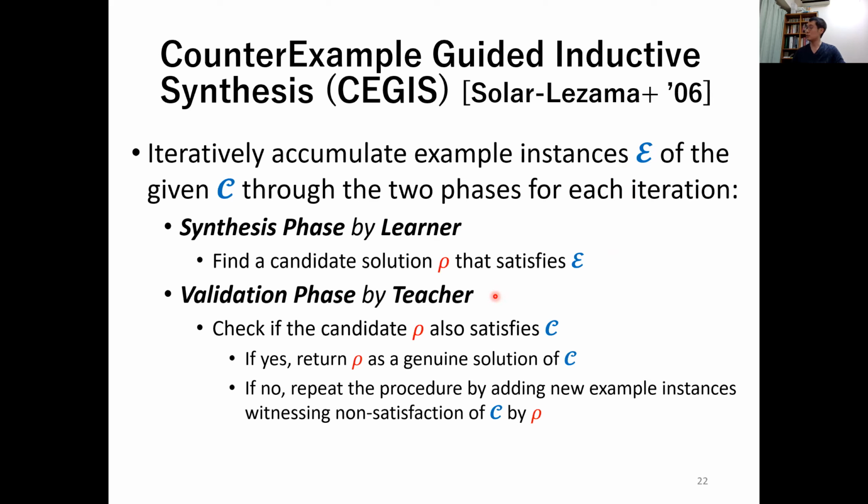In this phase, the teacher tries to check if the candidate solution proposed by the learner is a genuine solution. And if it's not, it infers new example instances that witness that the candidate is not an actual solution. And this iteration repeats. The validation phase proposes new examples, the synthesis phase proposes a new candidate, and this iteration goes on until, hopefully, it converges.